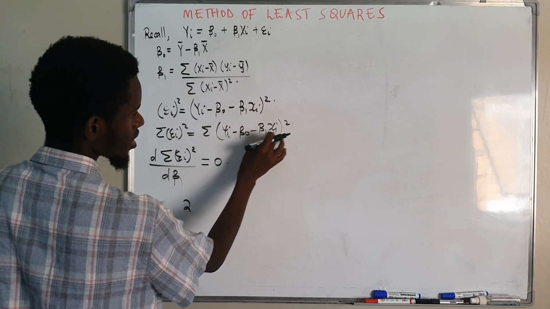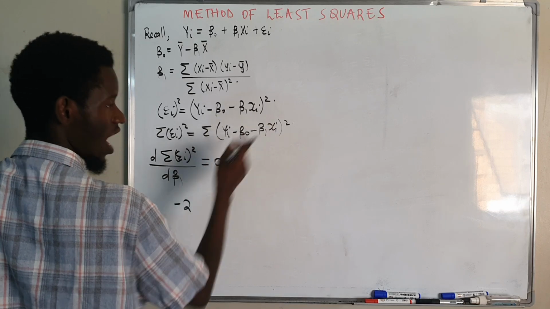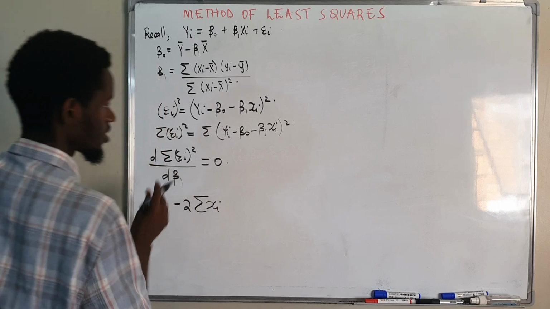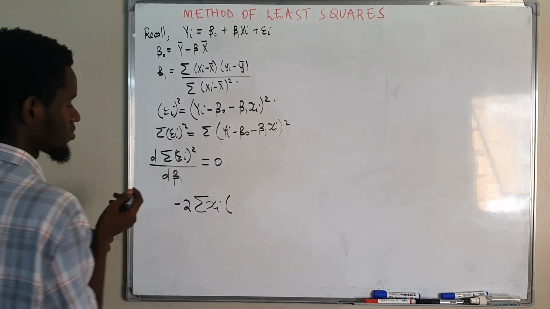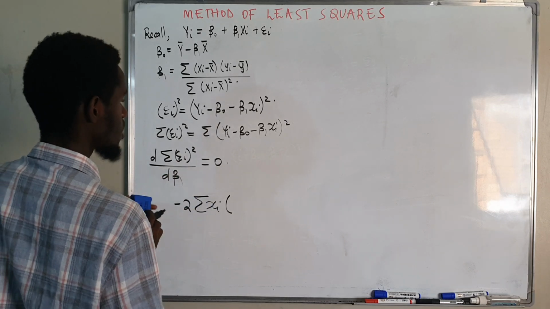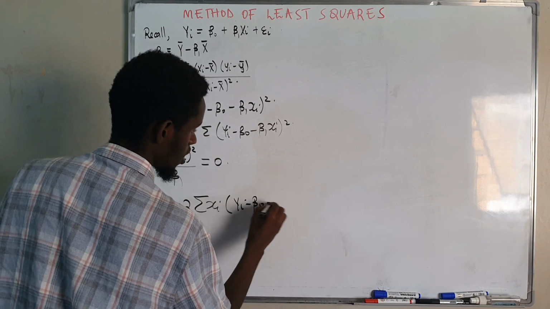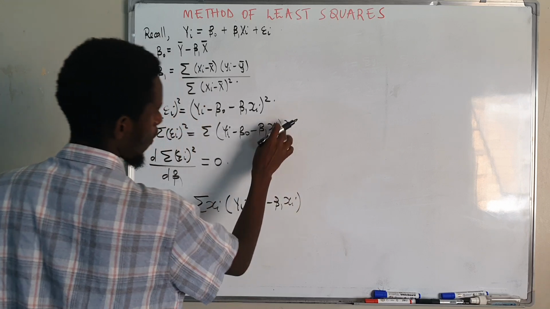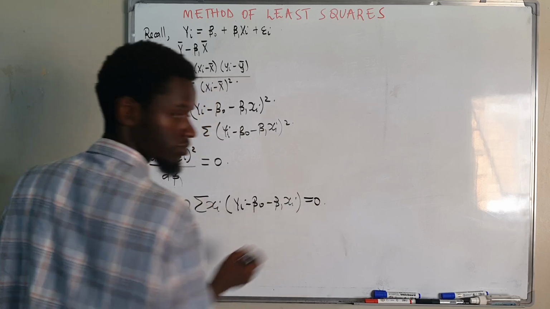For b1 xi, I will have negative xi, summed, then times the original bracket, yi minus b naught minus b1 xi, but now to the power 1 because I'm differentiating, equal to 0.